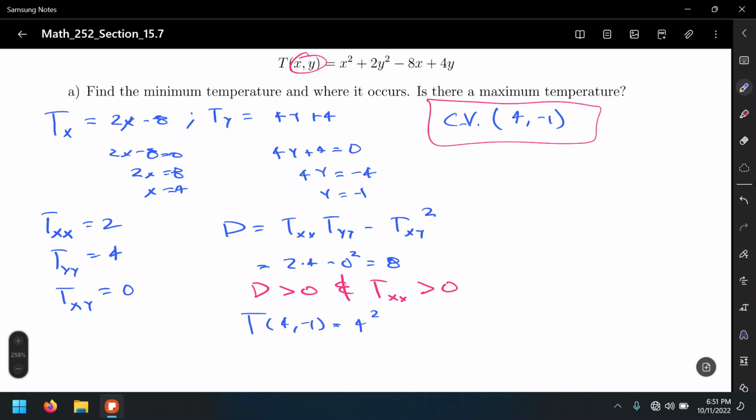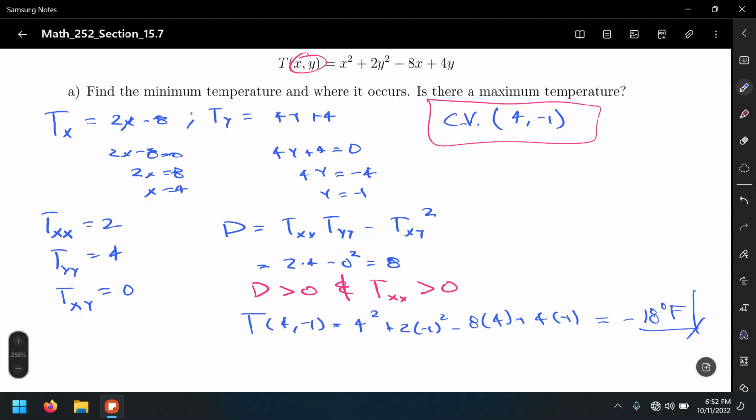That's 4 squared plus 2 times negative 1 squared minus 8 times 4, plus 4 times negative 1. And simplifying all this, we should get negative 18. Now that we have the final result, this is where we put the units together, in this case degrees Fahrenheit.